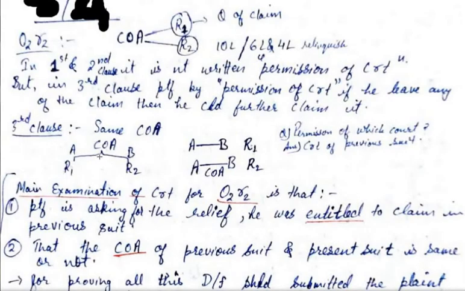So it is clear that suppose he has two reliefs on that particular cause of action, his duty is to claim all the reliefs. जबकि first clause में his duty is to claim the entire amount of that claim. The third clause के अनुसार he has to claim this also and this also. But suppose he relinquishes this one, then in the subsequent suit he cannot claim this relief unless he has obtained the permission of the court.